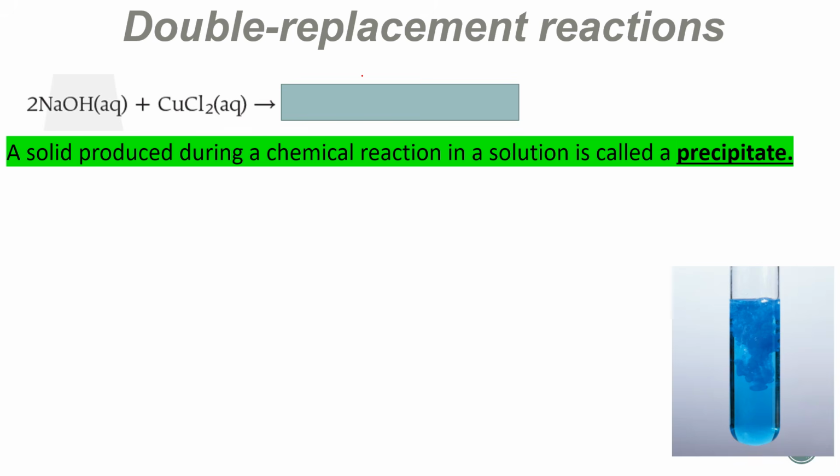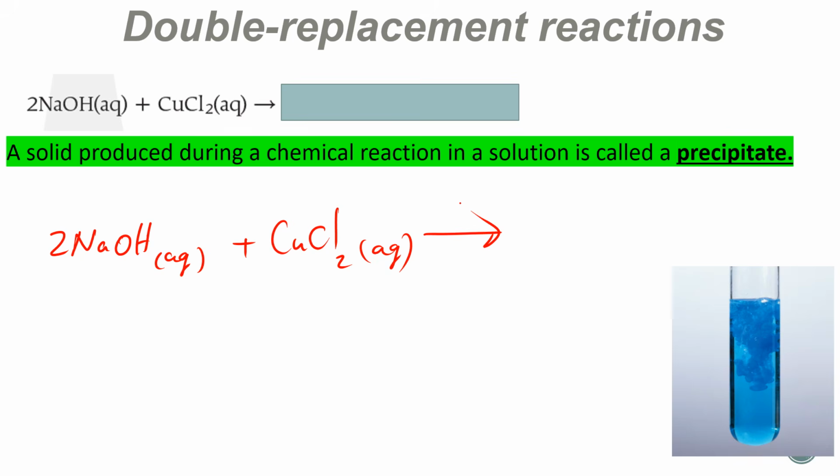Double replacement reactions. For example, imagine they give you this reaction: 2NaOH(aq) plus CuCl2(aq), and they want the product. Whenever we see something like this, we need to think about double replacement reactions.